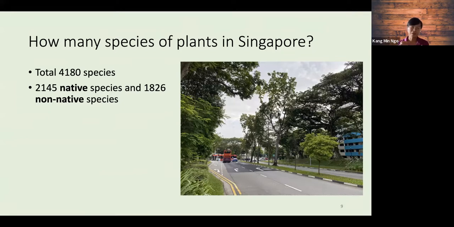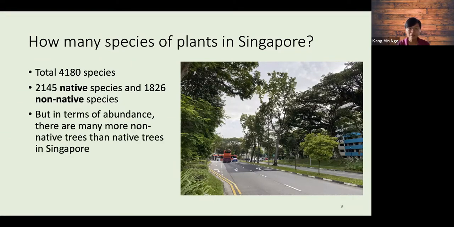A lot of non-native species were brought in and out of Singapore. So actually, if you look on our streets of Singapore, most of those trees that you see are non-native species. There are many more of them on the streets. So for example, which I will show later, I think almost all the trees here that you see in this picture are non-native.